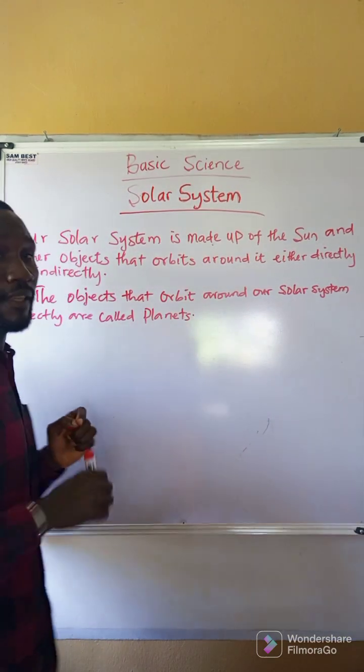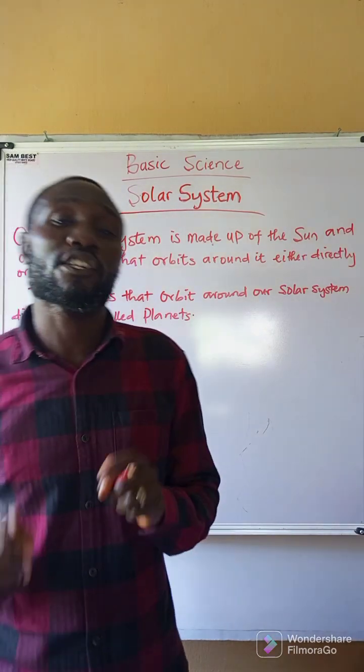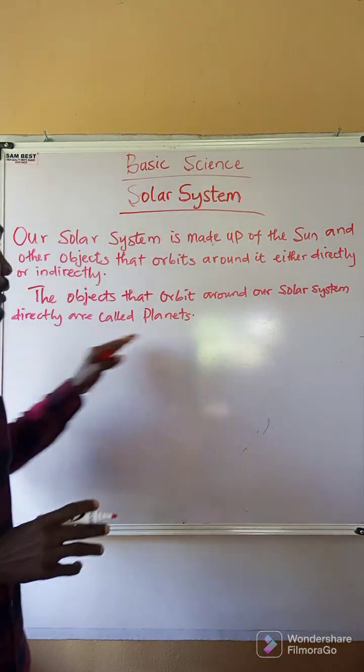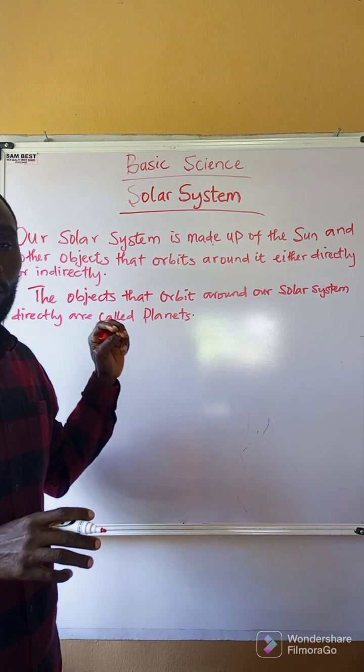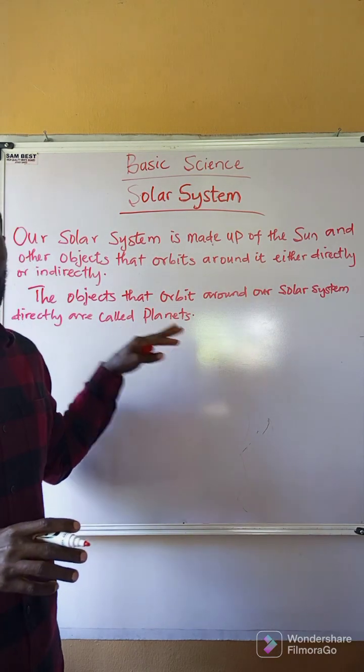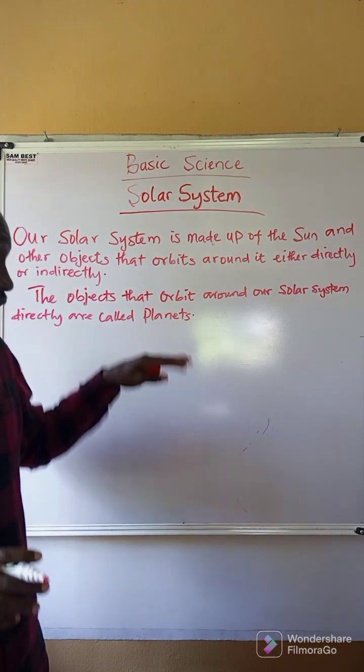What did I say? The objects that orbit around our solar system are called planets. And as we move further, we're going to treat these planets.